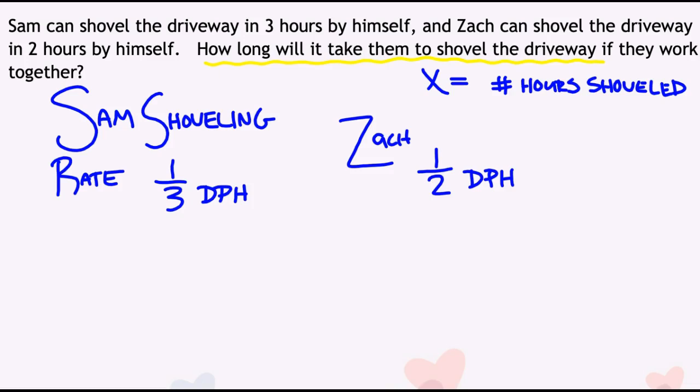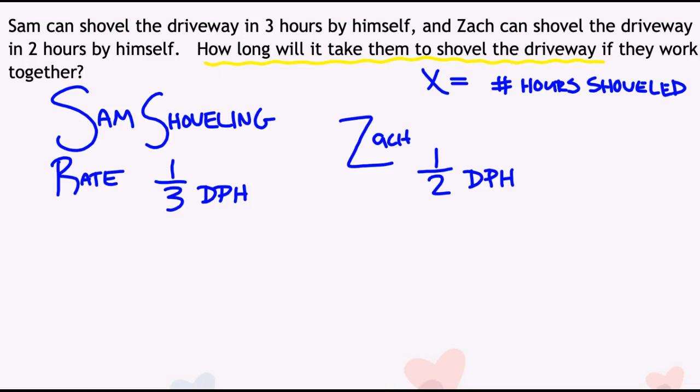So what we want to know is how much time. Yeah, but this isn't really distance, rate, and time. So let's go back. How much of a driveway are they going to get done?